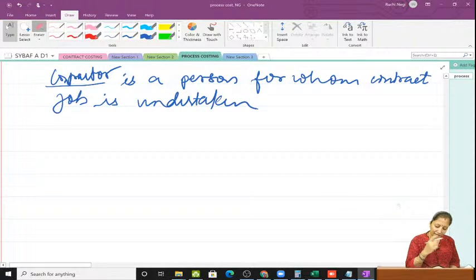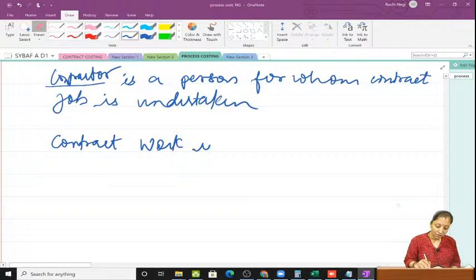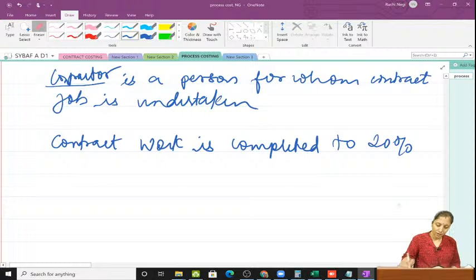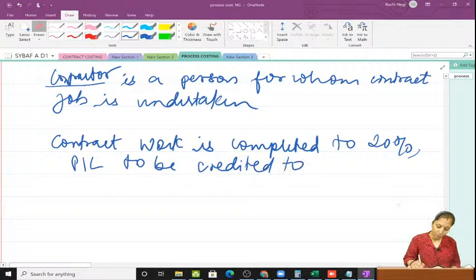Now, a question we will speak on contract costing, the calculation of range wala part, where the formula is applied. Say when your contract work is completed to say 20%, then P&L account to be credited how much?